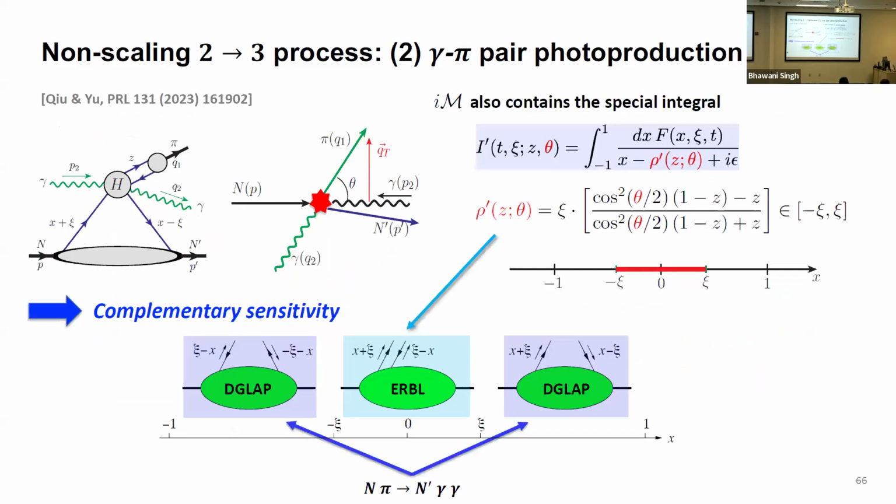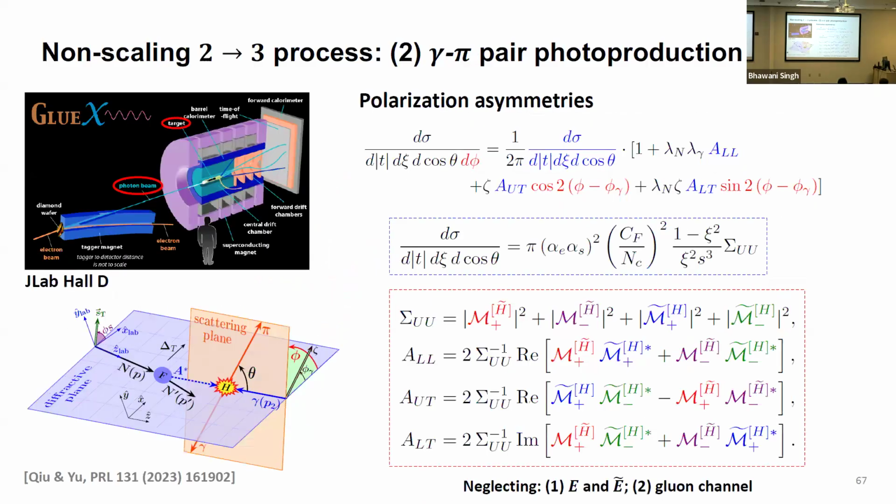For the second process, it's very similar because it's just the kinematic crossing. We similarly get extra sensitivity, but here the kinematic crossing turns the extra sensitivity to the ERBL region, so this complements the other one we have just seen. This process can be studied at JLab Hall D, by the GlueX collaboration.